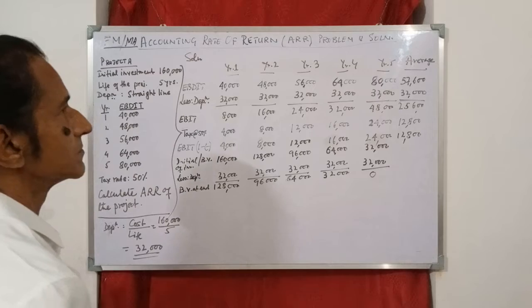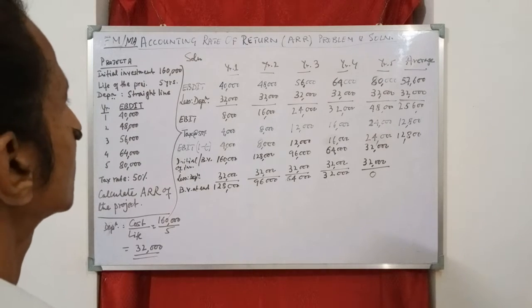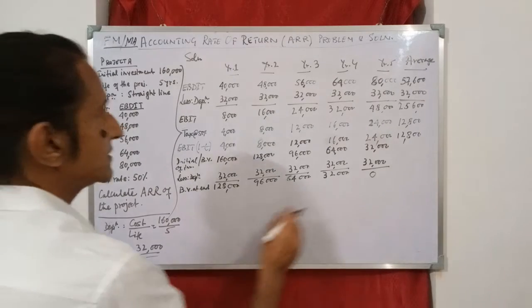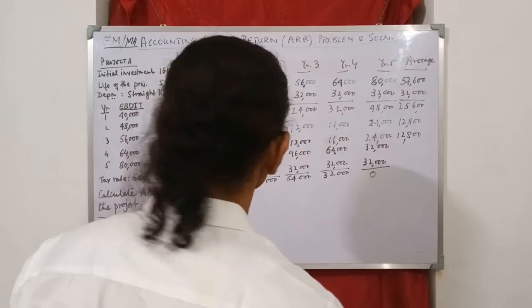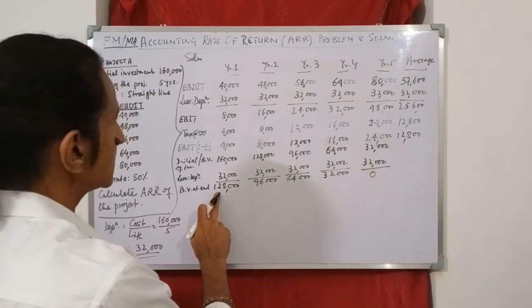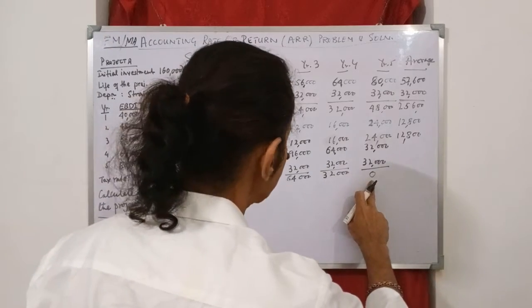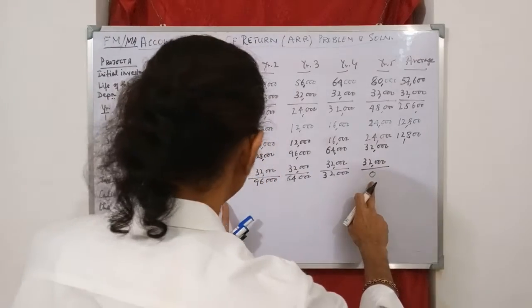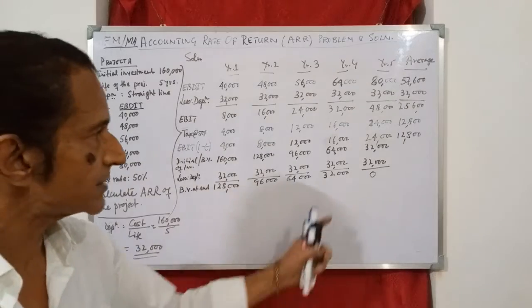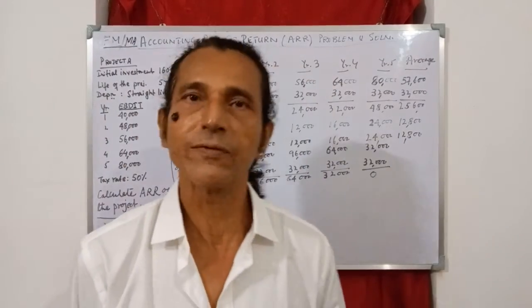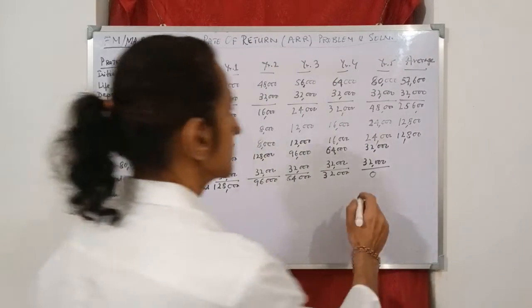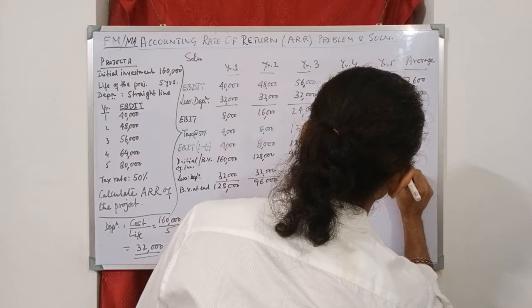So what is the average? It will be the initial investment plus the book value at the end of the life of the project, that is 0, divided by 2.